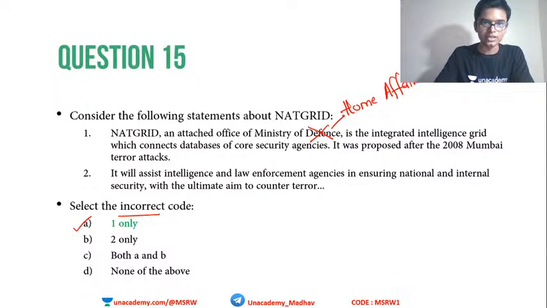Alright, question 15, option A. Satya, very good. Correct answer. It is Home Affairs, not Ministry of Defense. NATGRID was established after the 2008 Mumbai terror attacks, which helps the investigation agencies and law enforcement agencies to get intel and ultimately aims for counter-terrorism activities. So the correct answer is option A.